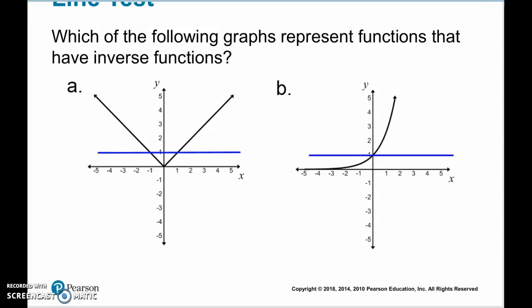So it has to pass the vertical line test in the first place. These tell you that the graphs represent functions, so they've already passed the vertical line test. But do they have inverses is only if they pass the horizontal line test. So in order to have an inverse, it has to pass the horizontal line test.